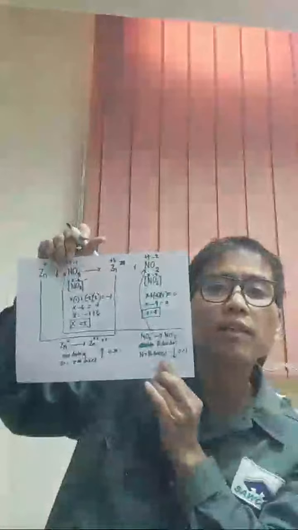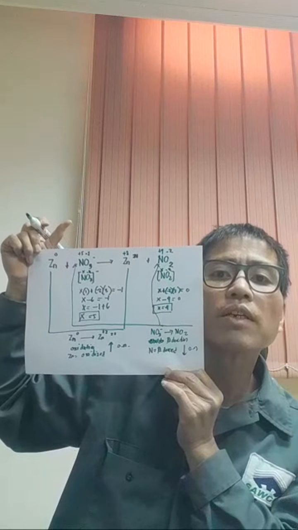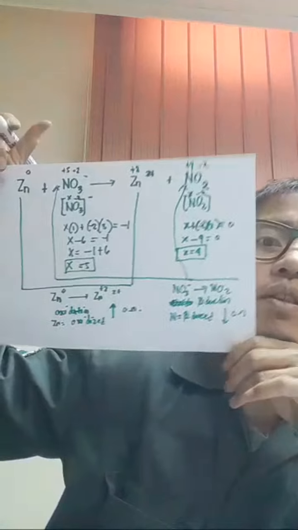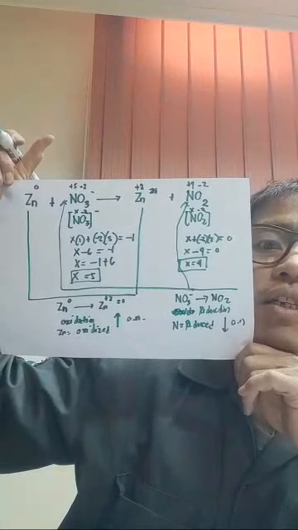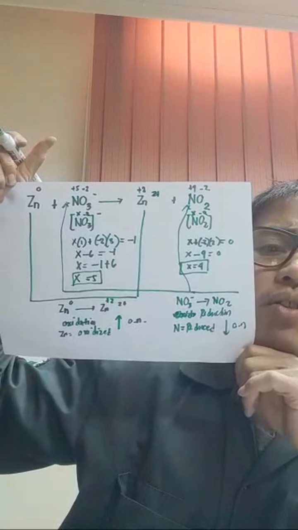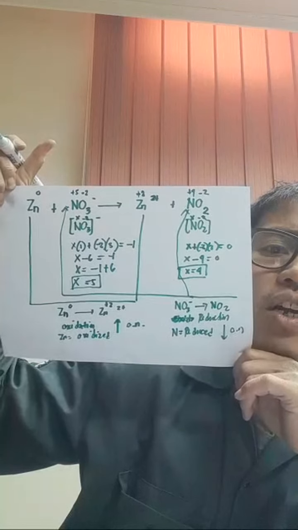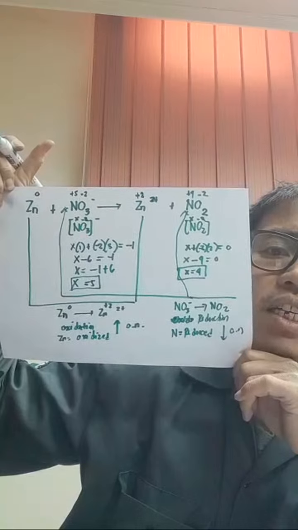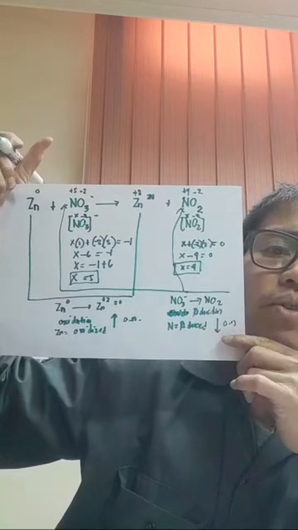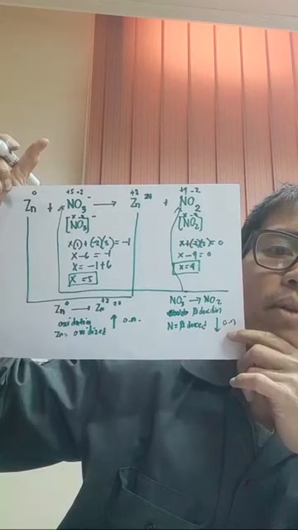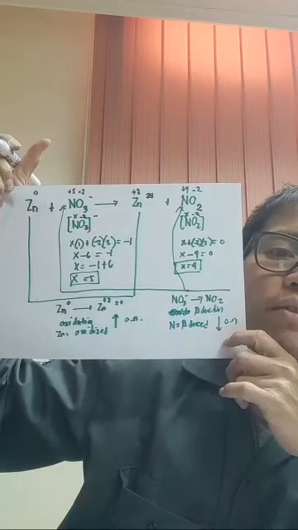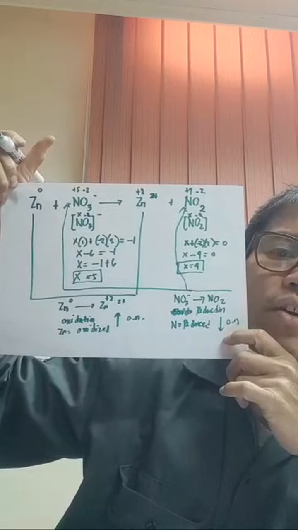Okay, like that. So take note, the nitrogen is undergoing the process of reduction because there's a gain of electrons, and a decrease of oxidation number, denoted as down. ON means oxidation number, arrow down, decrease oxidation number. So that is the gain of electrons.